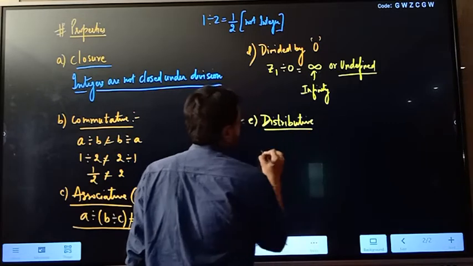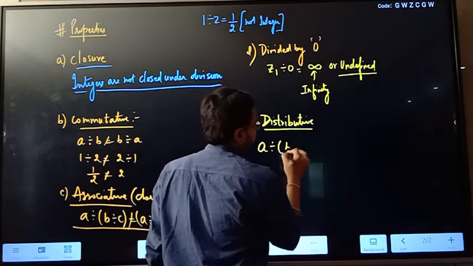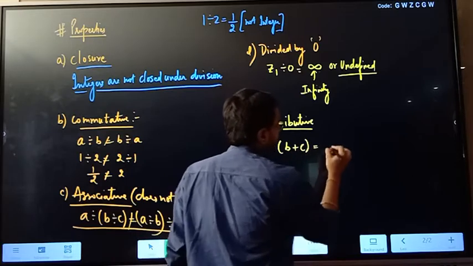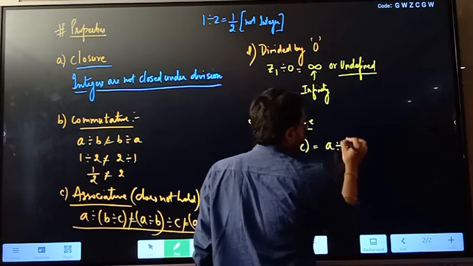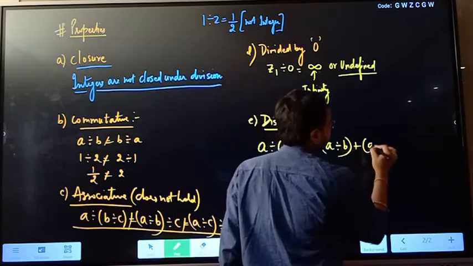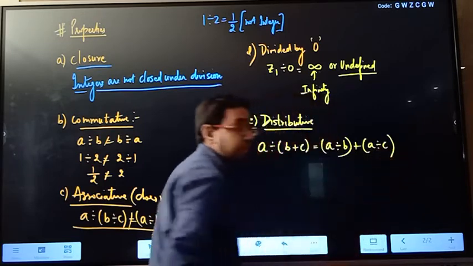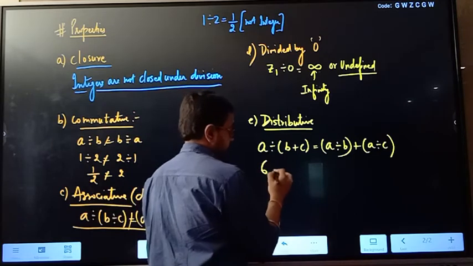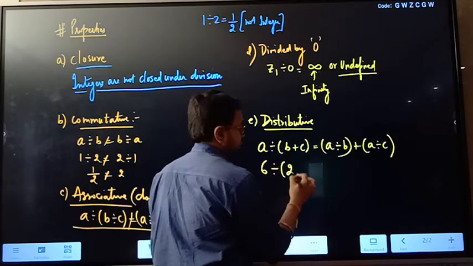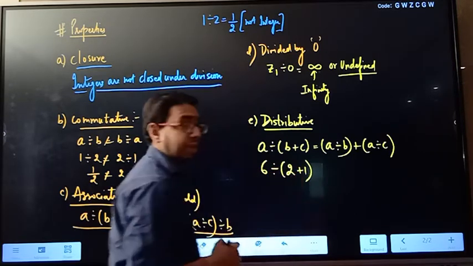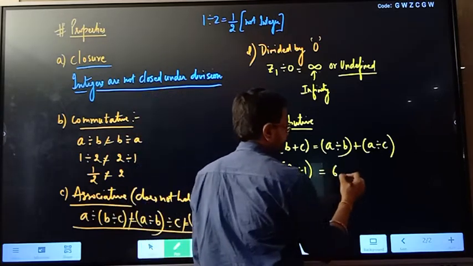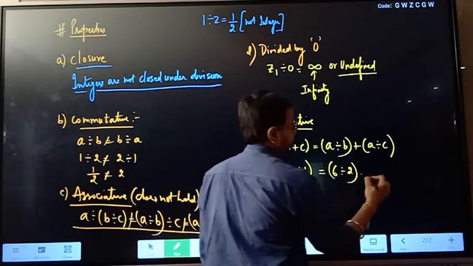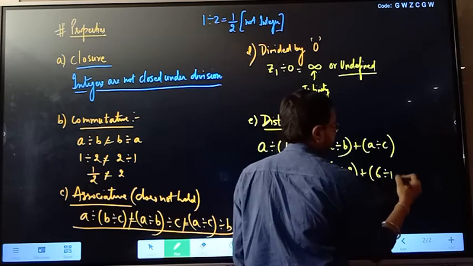In the distributive property, a divided by (b plus c) should be equal to a divided by b plus a divided by c. We can verify this. Take for example 6 divided by (2 plus 1), and then 6 divided by 2 plus 6 divided by 1.